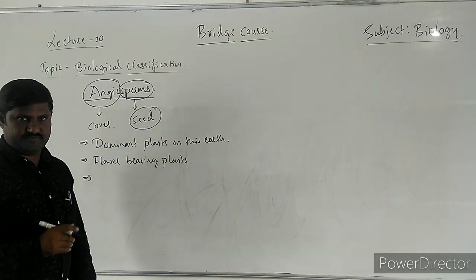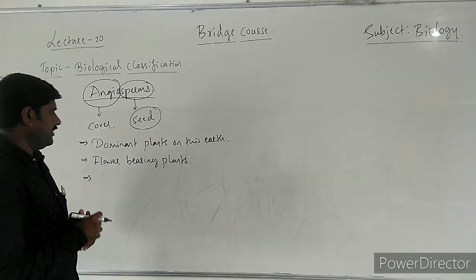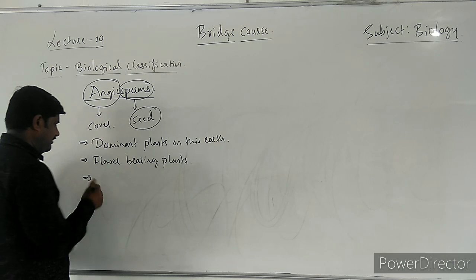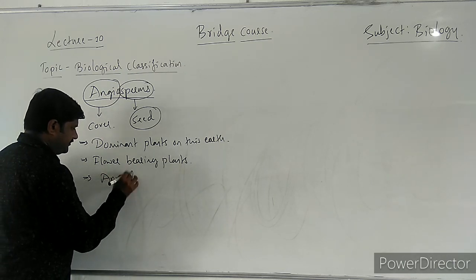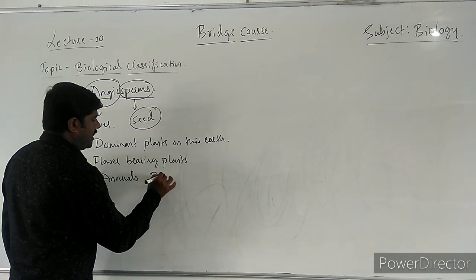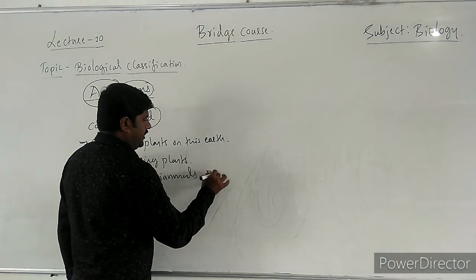These angiosperms have been classified into groups based on their lifetime or life cycle, that is annuals, biennials, perennials.